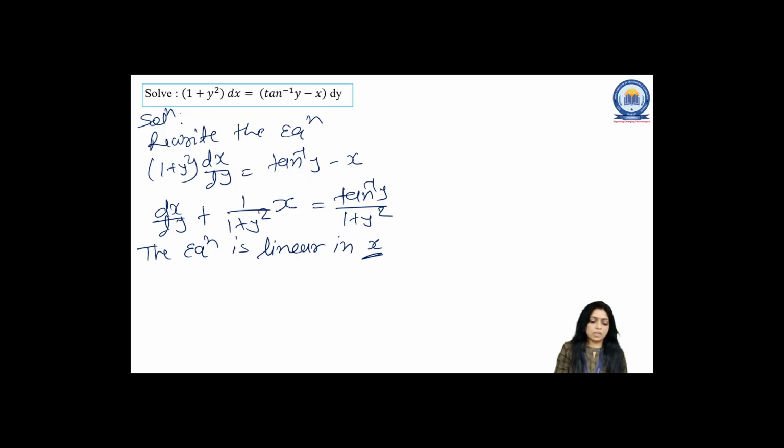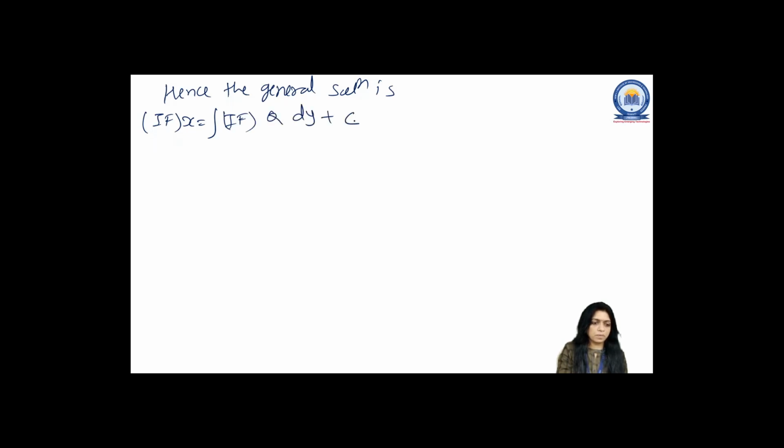So the multiple of x is p here, and our p is 1 upon 1 plus y square, and our q is tan inverse y upon 1 plus y square. Hence the general solution is integrating factor into x equals integration of integrating factor into q with respect to y plus c.